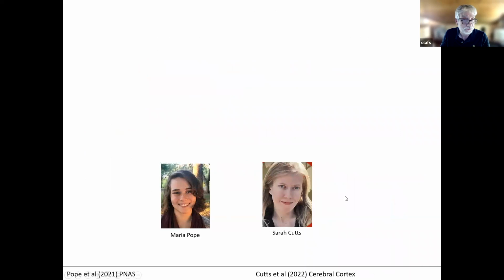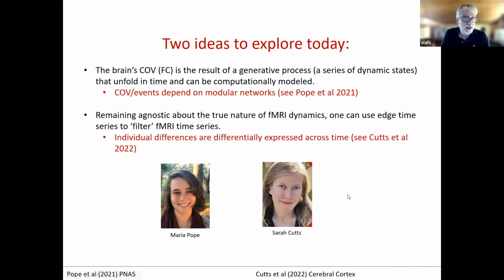A couple of studies now that I want to explore. They're kind of related, and both of them are work done by two of my graduate students, Maria Pope and Sarah Kapps. The first one is, can we actually build a generative model for event-like fluctuations?